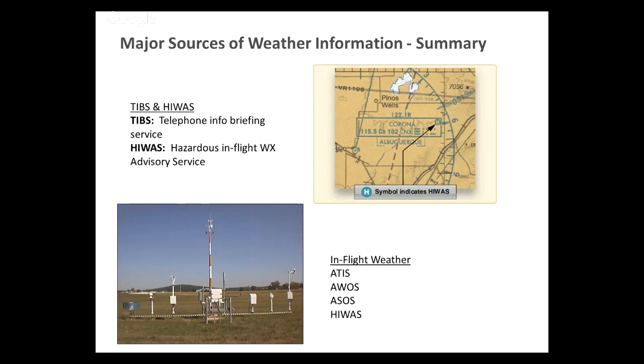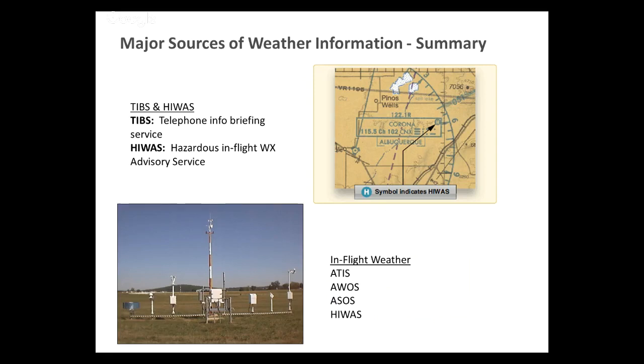TIBS, Telephone Info Briefing Service, is literally a phone number that you call to get a recorded weather forecast or a recorded current weather briefing. If you don't own an iPad or a computer, that kind of stuff, you would use TIBS to get up-to-date weather information about a destination or current weather from your departure airport.